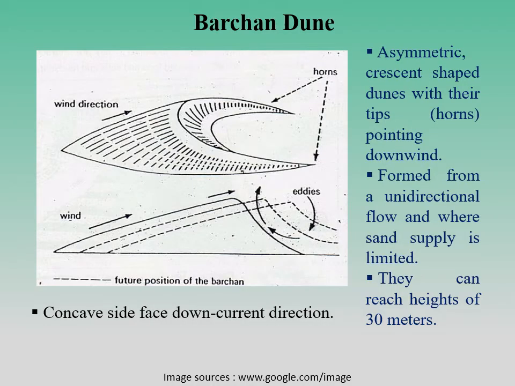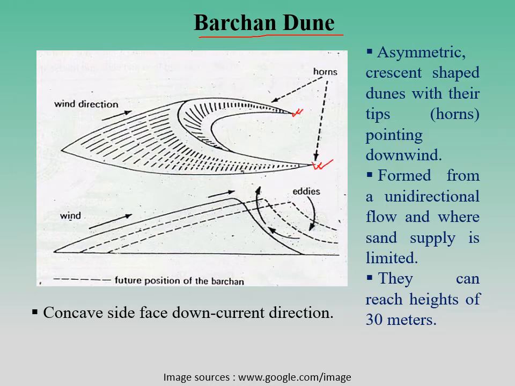First type is the Barkhan dune. These are asymmetric crescent-shaped dunes with pointed tips, which are also known as horns. They are pointing towards the downcurrent or downwind direction.